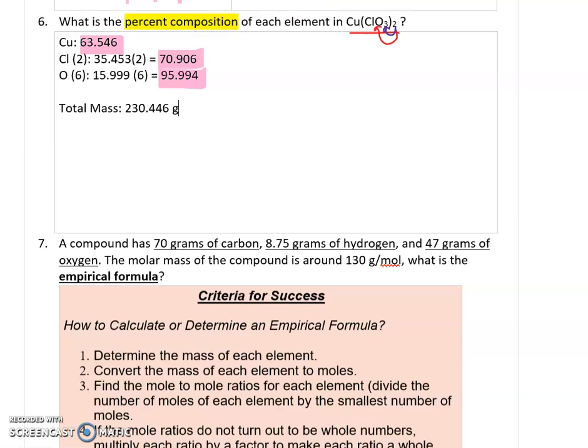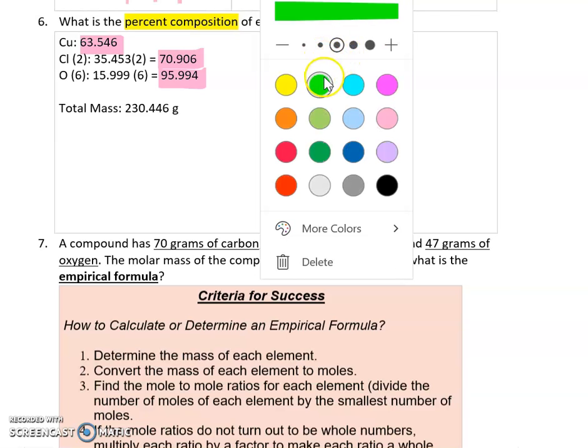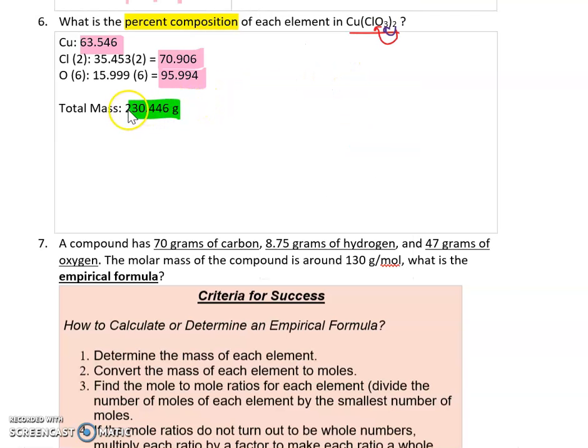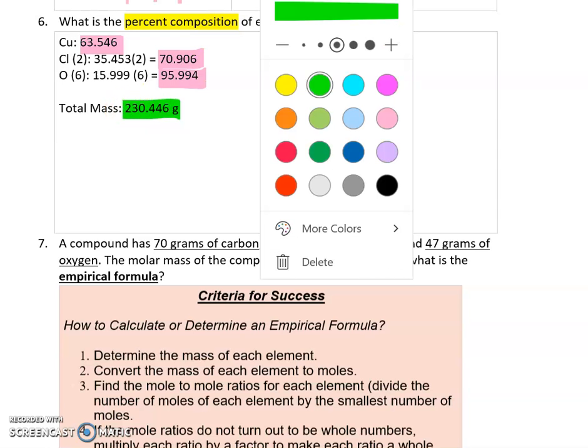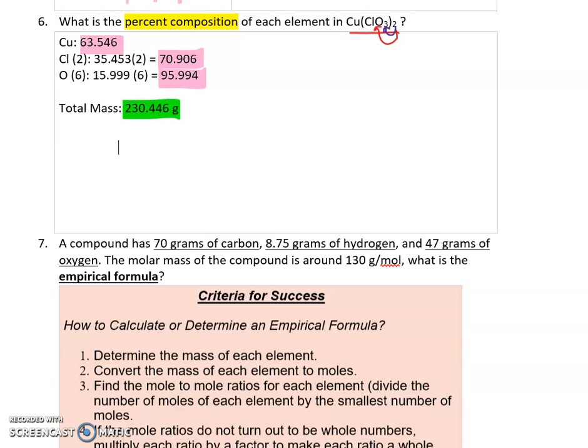Okay, so now that I have my total mass, I can make fractions to see what percent each one of these elements makes up of my total mass. How we're going to do that is just a simple formula.